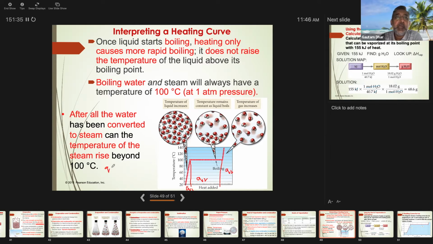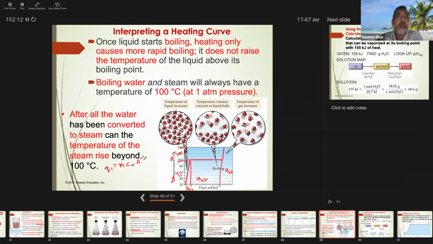That means I can write, if M is my mass, C is the specific heat capacity of water, and delta T, how much is the delta T? So if I say that this is the delta T1, and this is the delta T2. So delta T1 is the temperature to which you have raised the temperature of water.